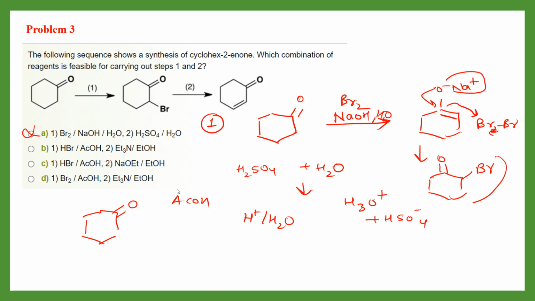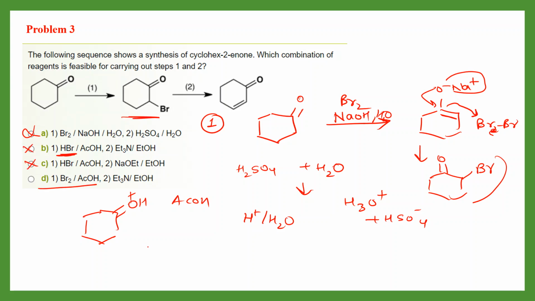Basically, we know that HBr is more acidic, correct? So it is going to protonate this, and now we have two competing nucleophiles in our medium. One is your acetic acid, or we can say acetate ion, and another is your Br negative. So we can't get this product. So these two options get eliminated.